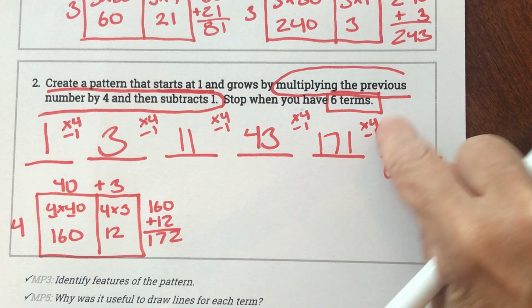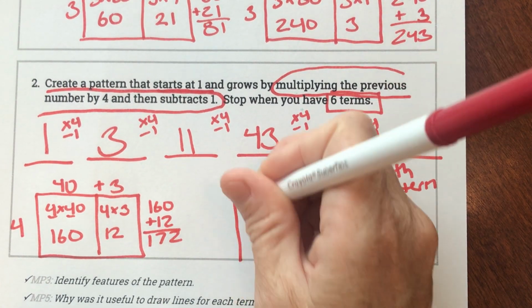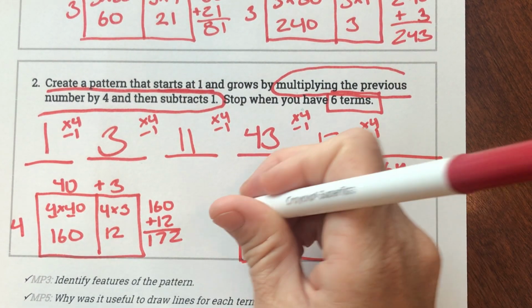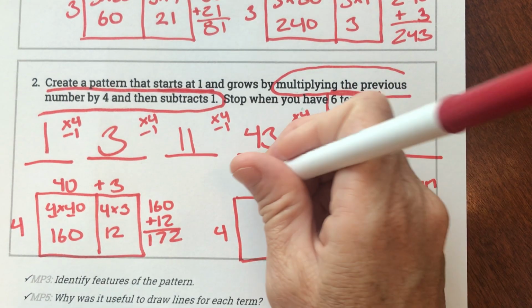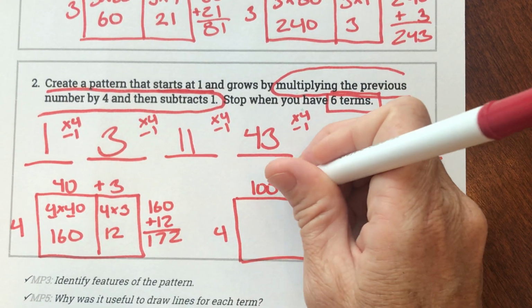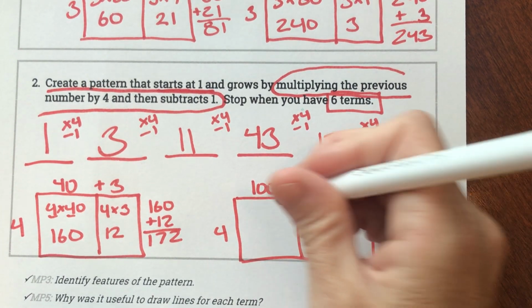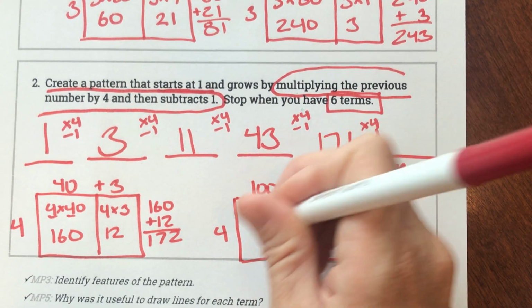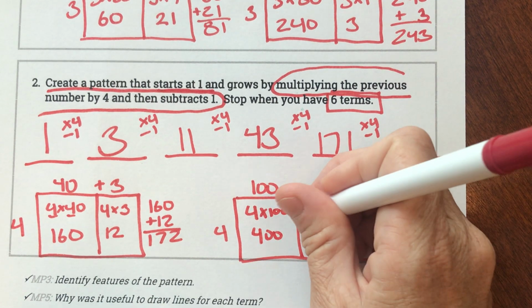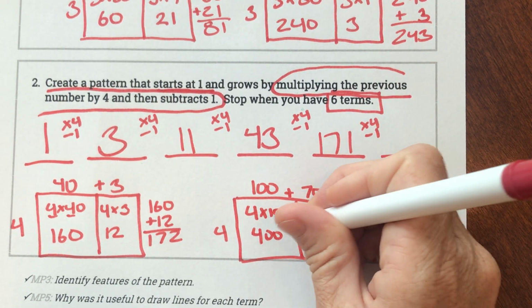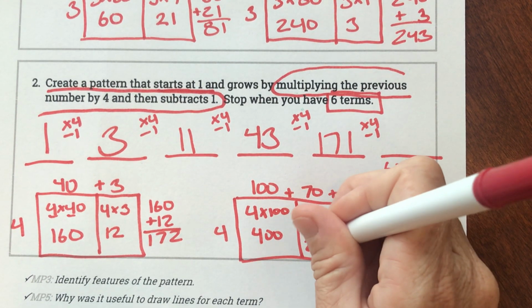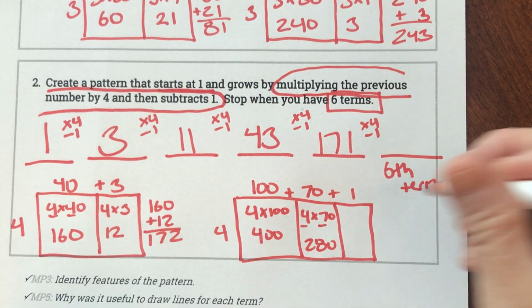So again, I can't do this in my head, so I'm going to use another area model. And I have 100 plus 70 plus 1. Okay, so 4 times 100 is 400. 4 times 70, well, 4 times 7 is 28, so it's 280.